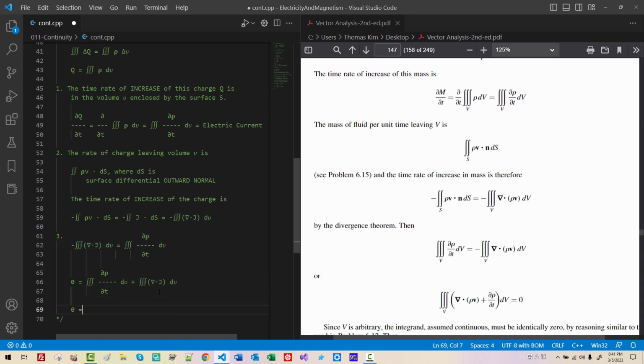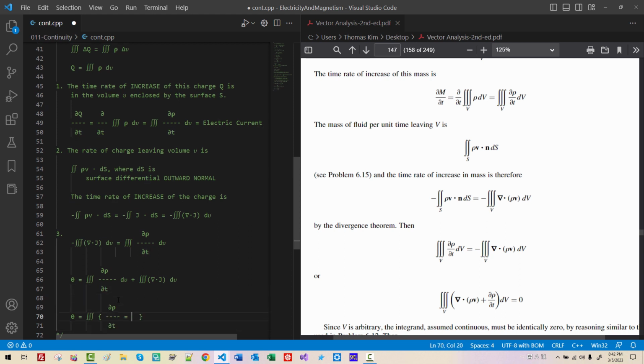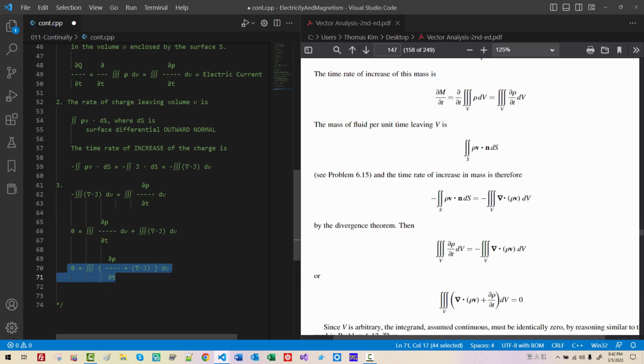With this, we can say the volume integral of ∂ρ over ∂t plus divergence of J dV. If this equation is to hold independent of the volume, this integrand should be 0, or this should hold.